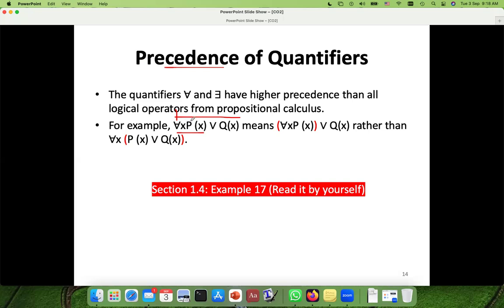This quantifier is used only with this predicate and not with this predicate. If you used for every x again here, then you could say otherwise. But here the scope of this universal quantifier is only this part, not that one. But if I give you this equation and ask what is the scope of this quantifier, now due to these parentheses, the scope is the complete part.